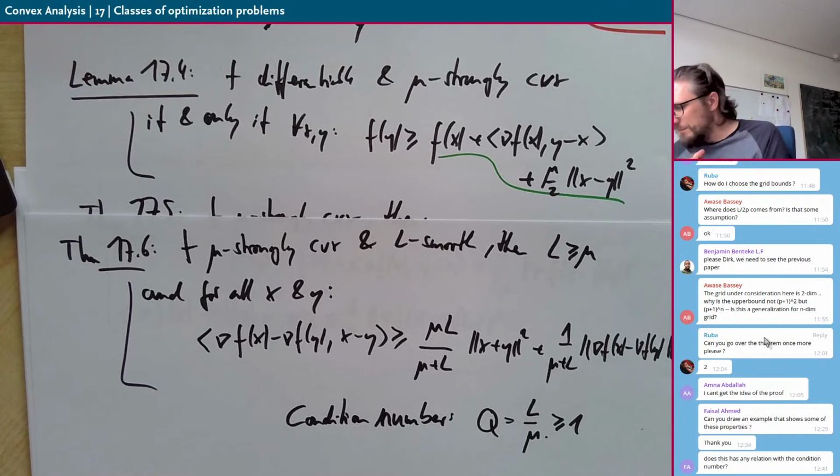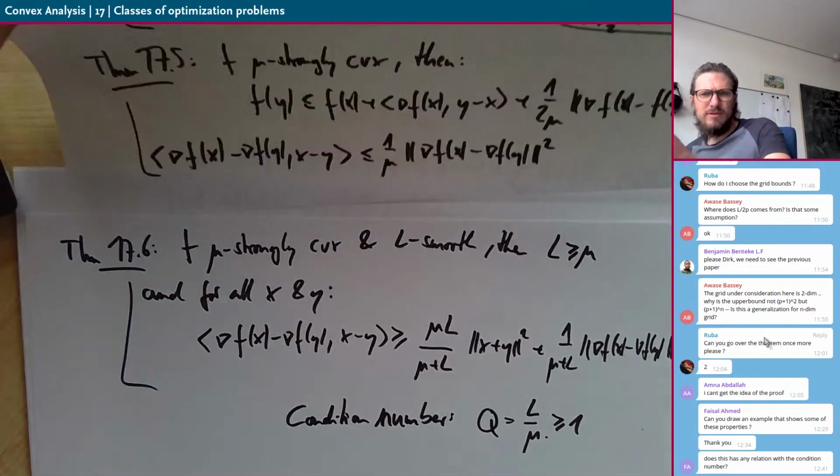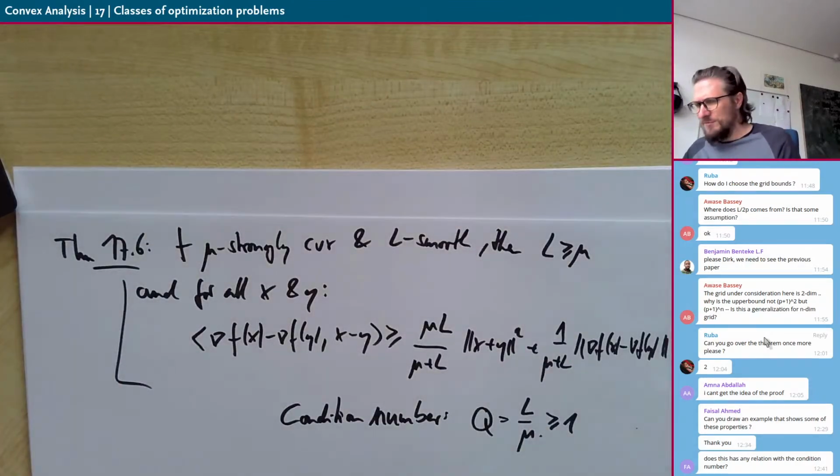Okay, we still have 15 minutes, so I can prove some things here. I don't know which one would be the nicest. Does anybody have a preference which one I should prove?